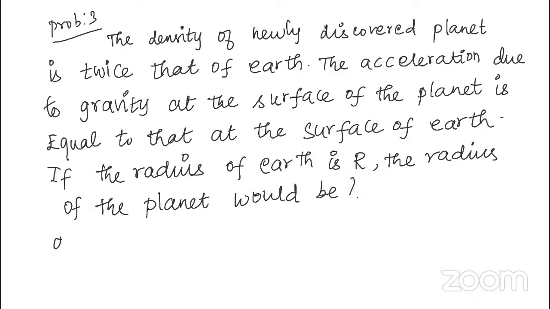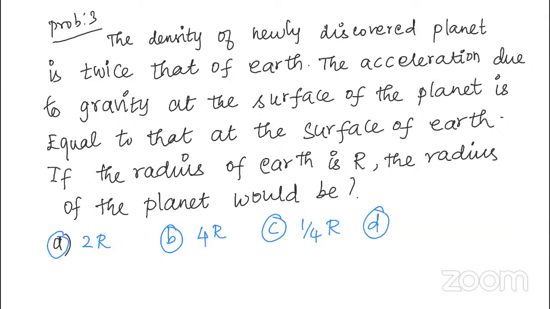So options are: A, it is 2R, B, it is 4R, C, it is 1 by 4 into R, and option D, 1 by 2 into R.